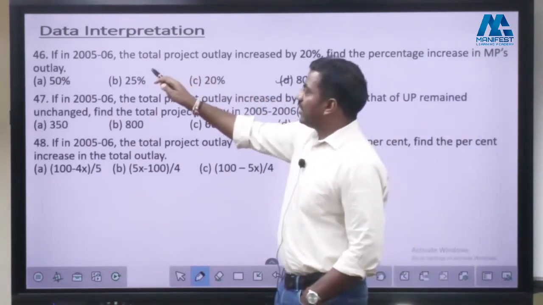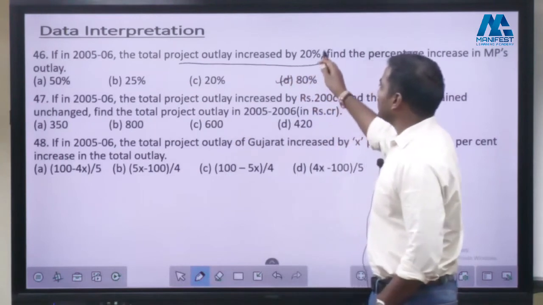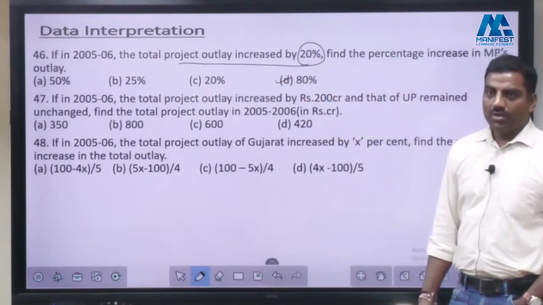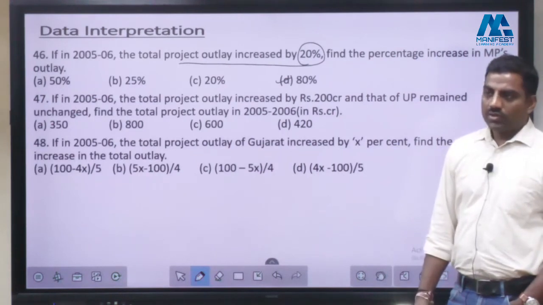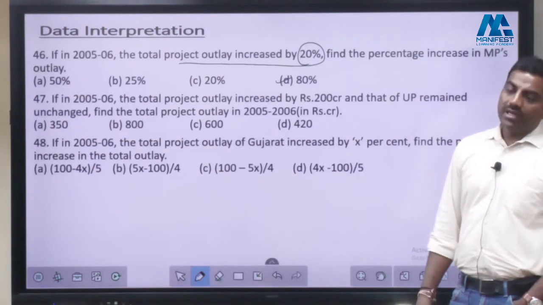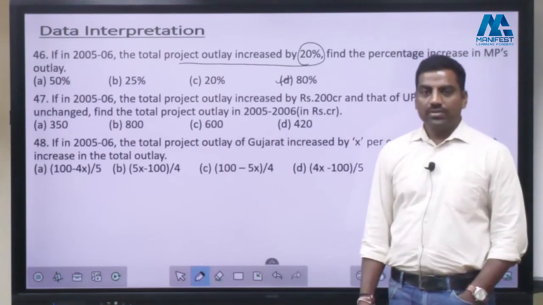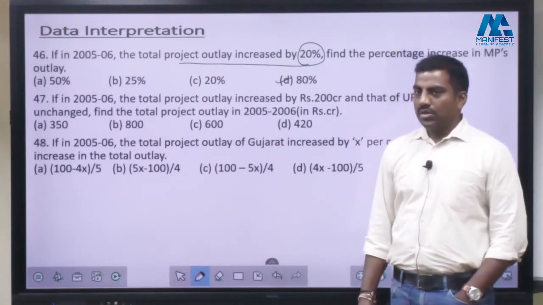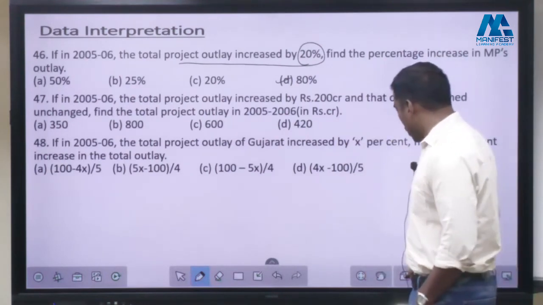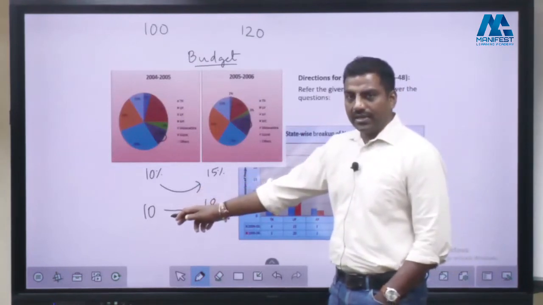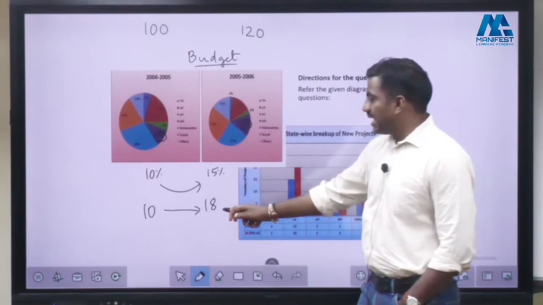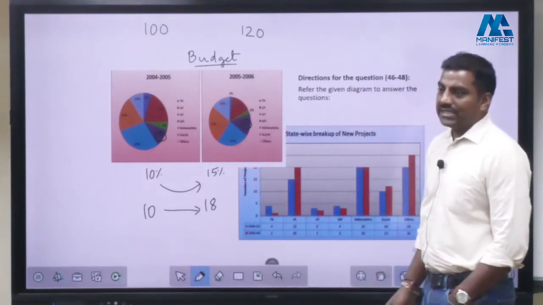If in 2005-06 the total project outlay increased by 20%, project outlay is nothing but the budget. So earlier if it was 100 rupees, in next year it will increase to 120. Out of that, MP had got 10%, that is 10 rupees earlier. And out of this, MP is getting 15%. So it is getting 18 rupees now. So increase is 80%.